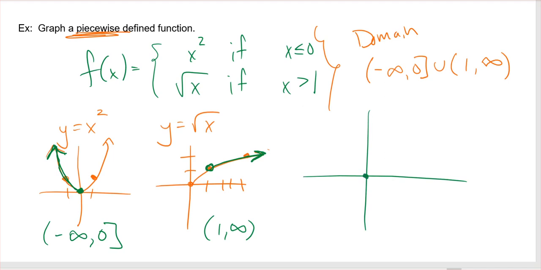So I've got my branch that goes off to the left here. This piece looks like a parabola. And then our other piece that looks like a radical function is here, and this would go like that. Okay, so here is our nice graph of the piecewise defined function.